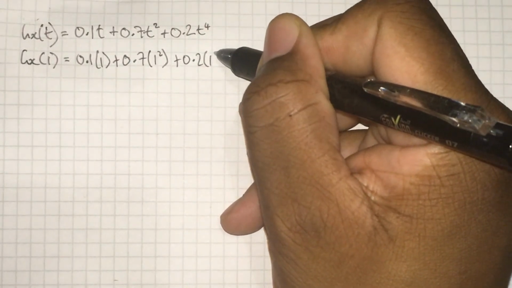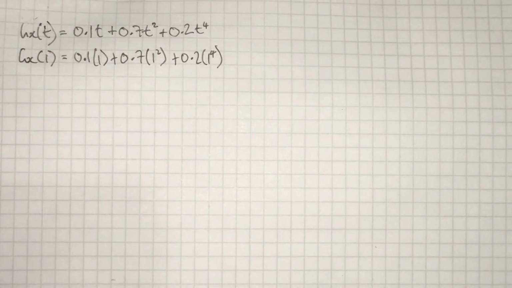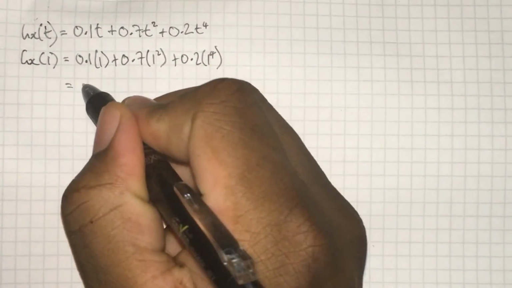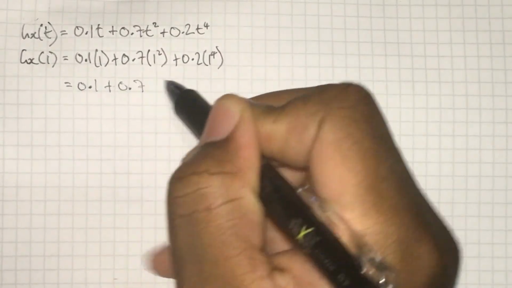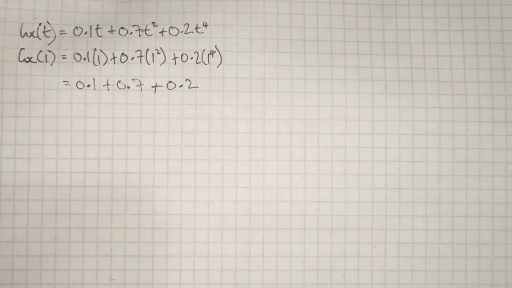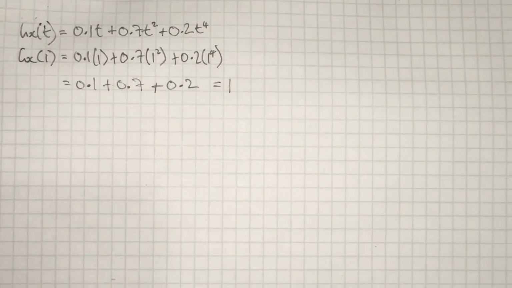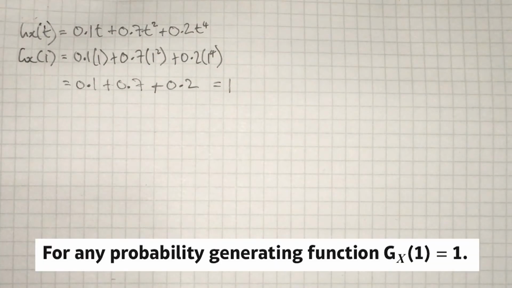And we know that no matter what power I apply to a 1, it still gives me the value of 1. So I basically have each of the coefficients multiplied by 1 and added together. And just as we saw informally, the coefficients will always add up to 1. So here we can see that G_X of 1 will always equal 1. Be careful, hold on to that, and make use of that as appropriate.